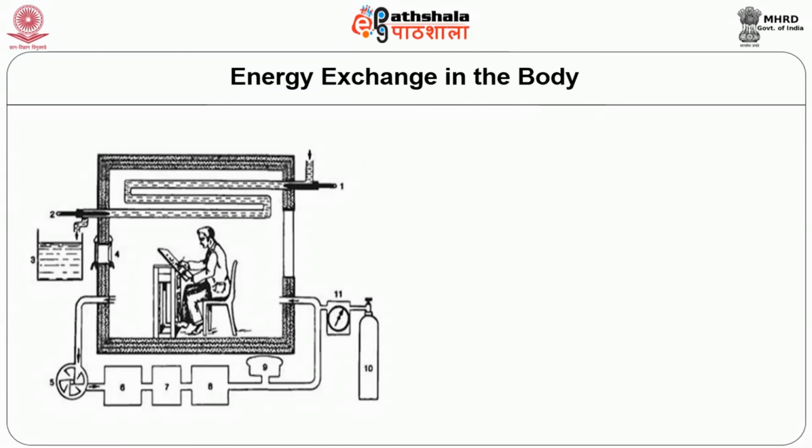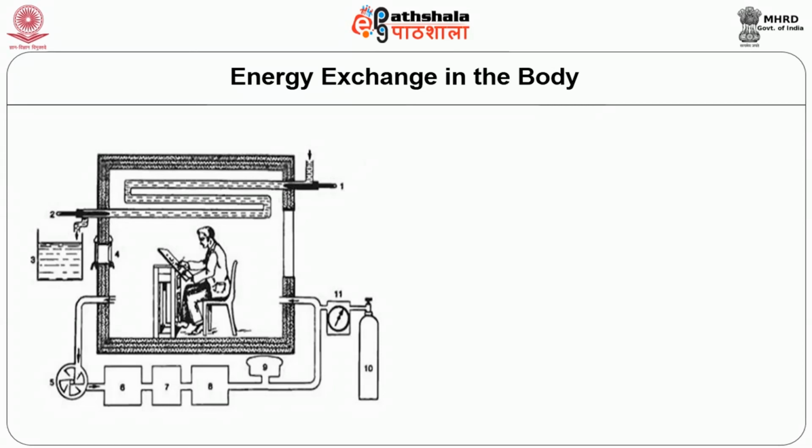Reliable data regarding the energy output and oxygen consumed in human beings could be obtained using the Atwater Rosa Benedict human respiration chamber. This equipment consists of an airtight copper chamber insulated by wooden walls with air space in between.